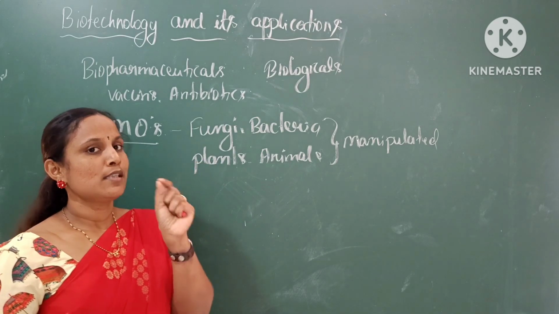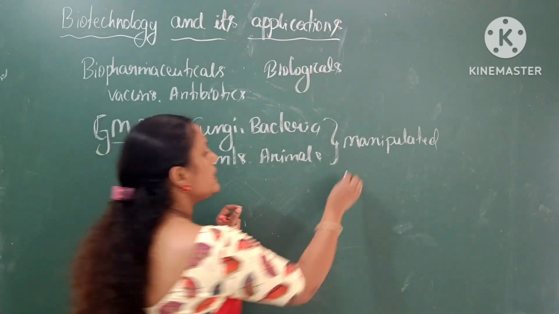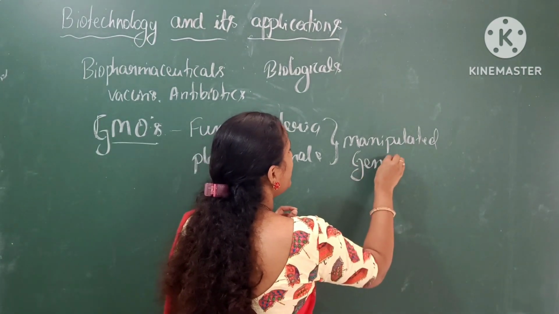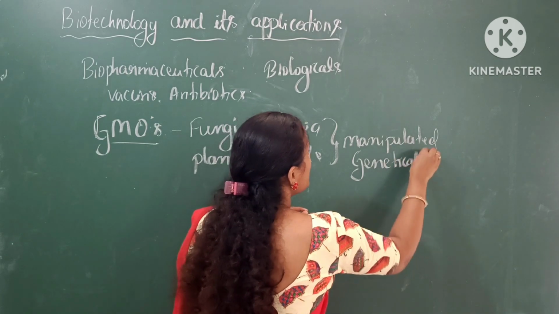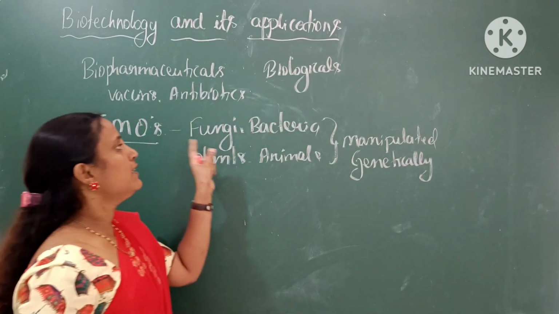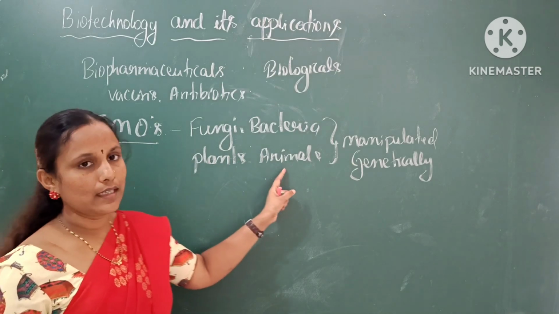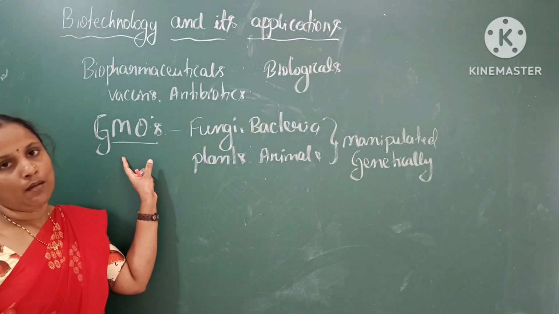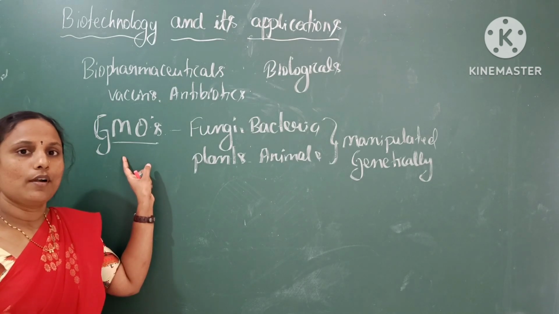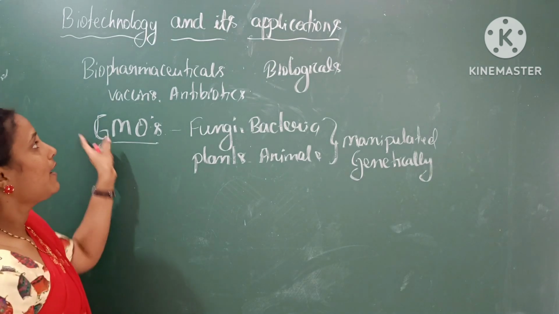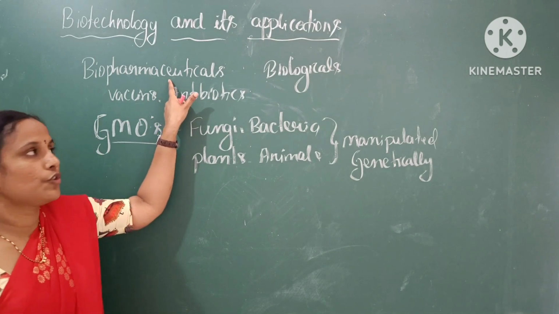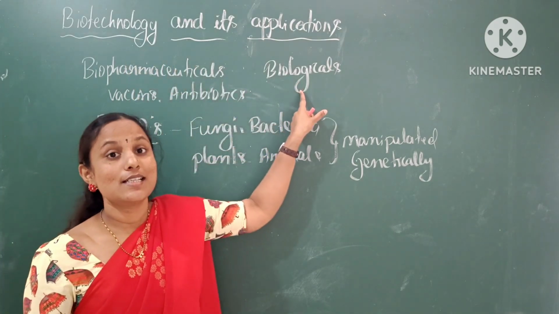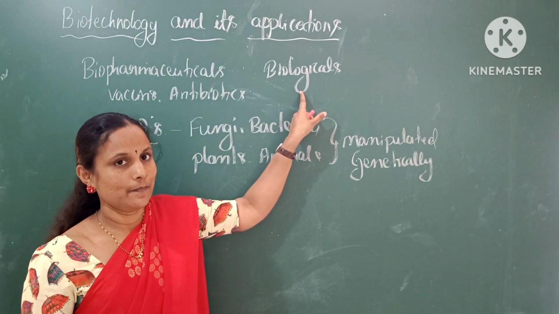Or simply we can define genetically manipulated fungi, bacteria, plants and animals are called GMOs or genetically modified organisms and are used for the production of biopharmaceuticals and biologicals.